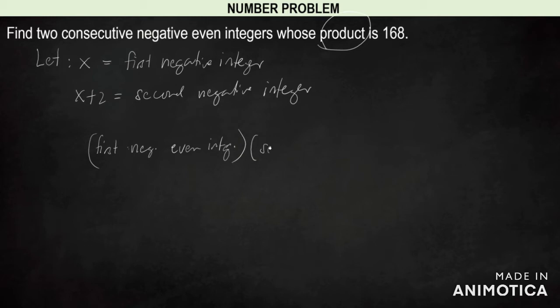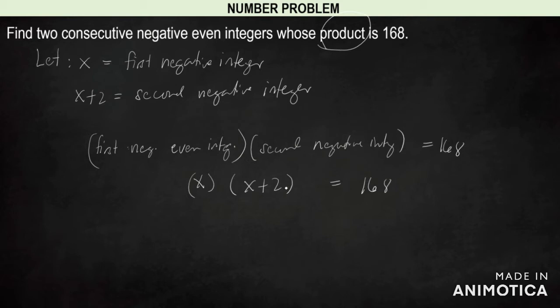So, we have the second negative integer is equal to 168. So, our first negative even integer is x, and then our second negative integer is x plus 2, equals 168.